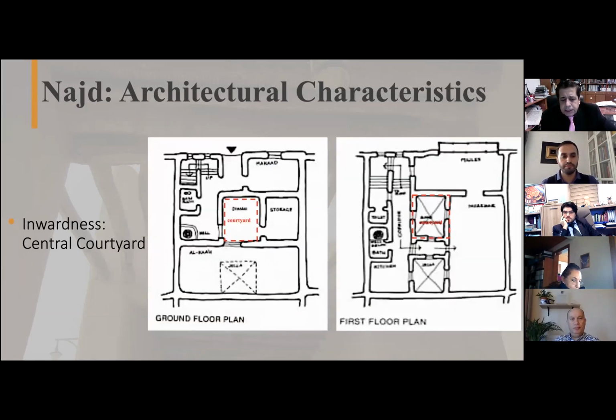The central courtyard also has spatial and social advantages. It's the place where the family gathers with their relatives and neighbors. It is the place where the ladies of the family cook and do their daily chores. Sometimes it's used for sleeping during hot summer nights.